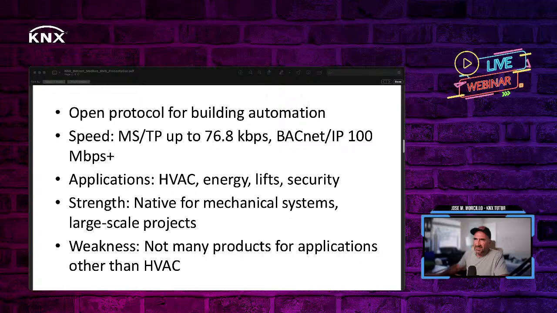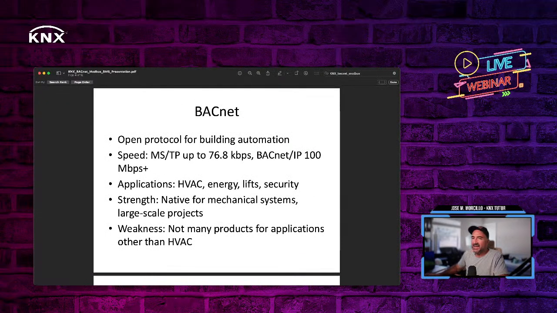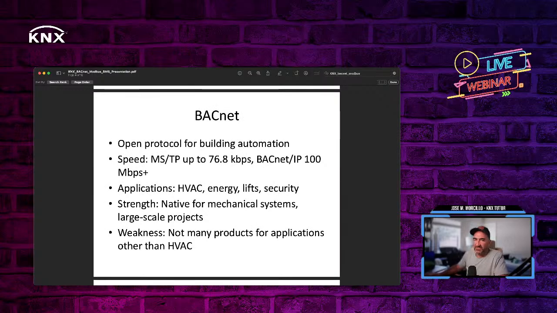In BACnet, you don't need to do that. It gets all the information from the BACnet device, so you can see all the data points. You grab the information from the device. This is not happening in KNX, and not in Modbus either. As for speed, this is the speed for MSTP, and if we go to BACnet IP, we are at 100 Mbit or over.